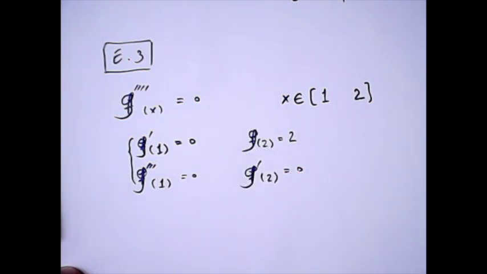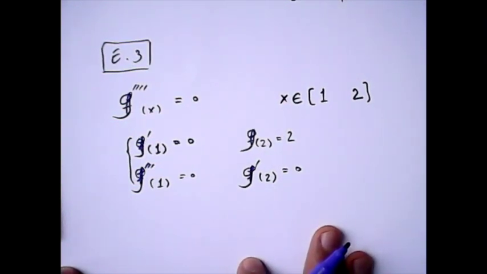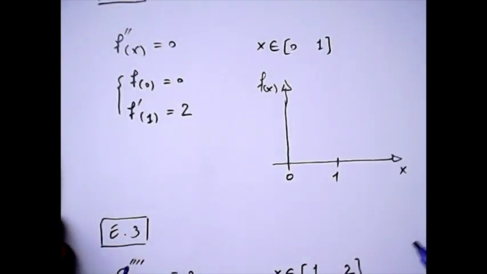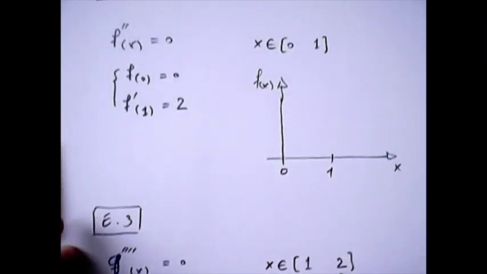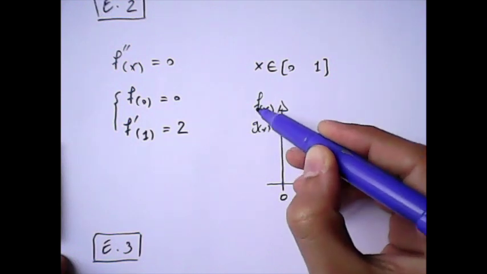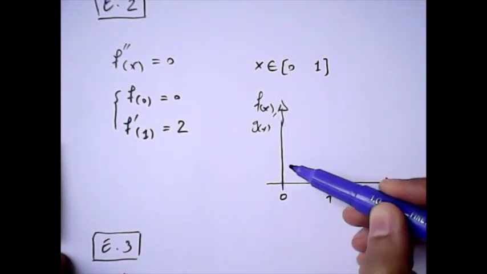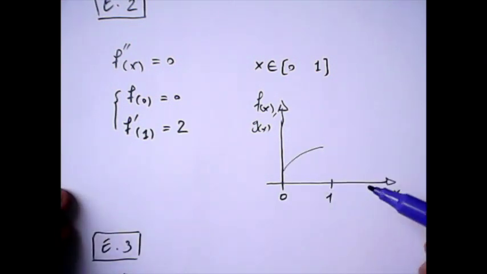I would like you to find g and plot it on the same diagram that we did before, but note that g starts from 1 to 2, and f was from 0 to 1. So you draw f, whatever it looks like, I'm just going to draw something.